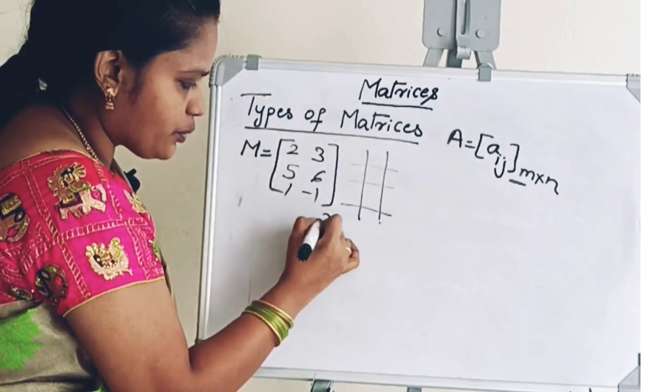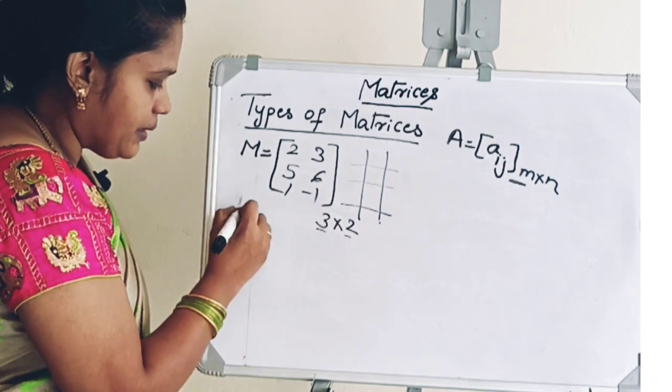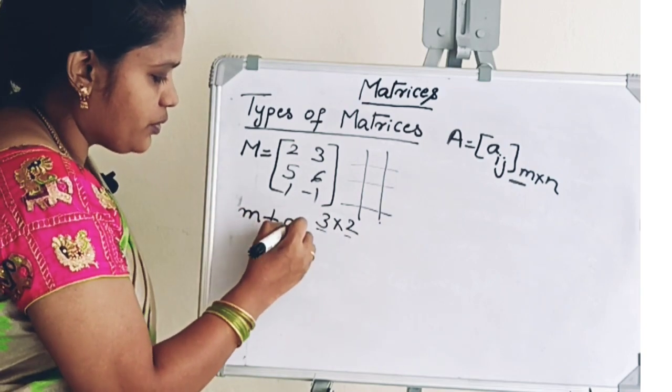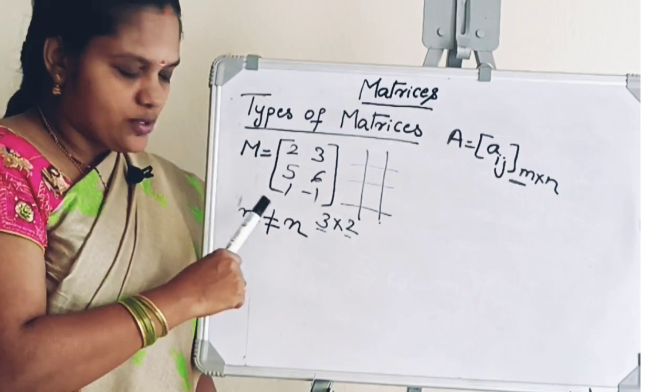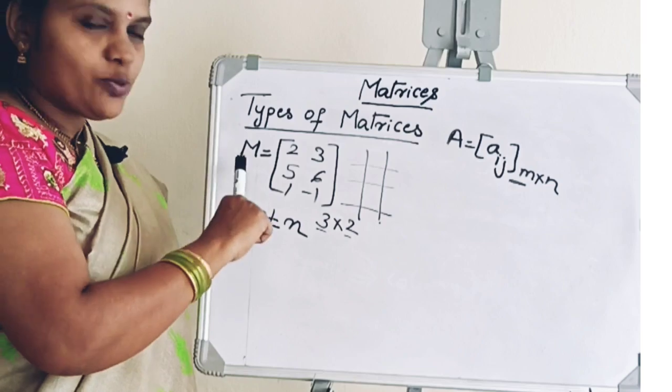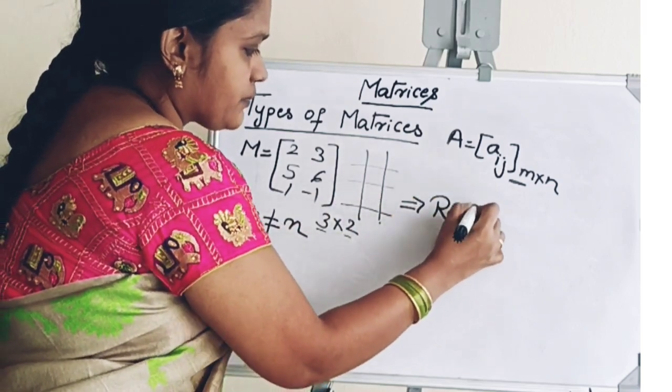We have 3 rows and 2 columns. Here we can see m is not equal to n. In a matrix, if m is not equal to n, then such matrices we call it as rectangular matrix.